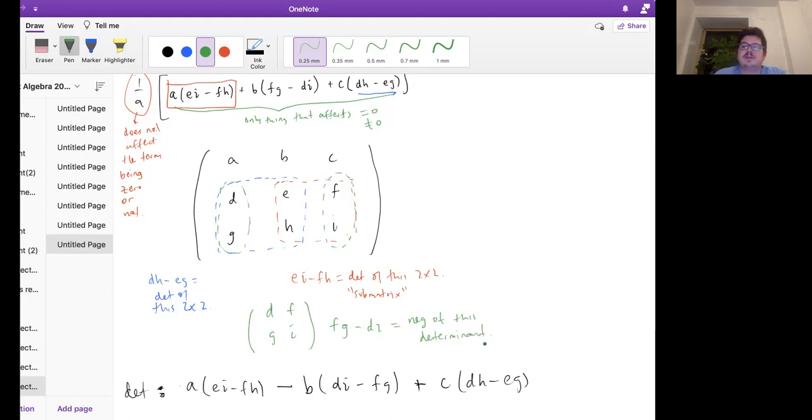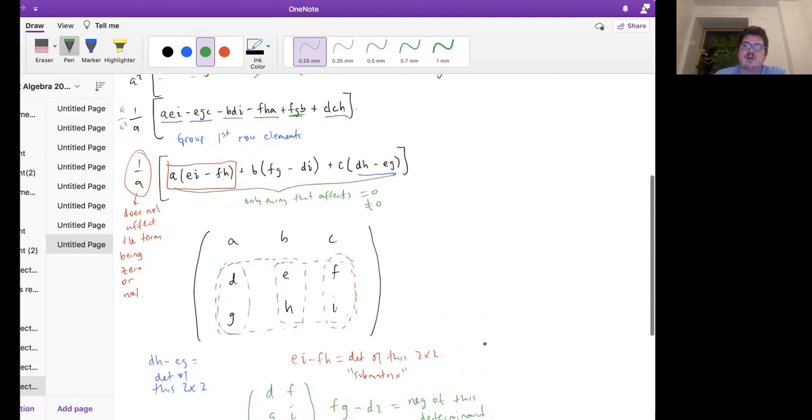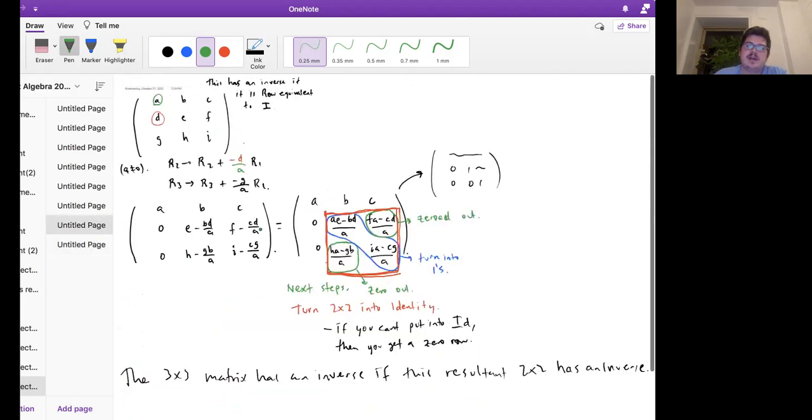Okay, so everyone see that and agree with that? You don't need to do all this proof, but do you agree with that? So this all came from knowing that inverses exist if they are row equivalent to identity. So all we just did was construct a way to say that a formula that we already have as the determinant, that this 3 by 3 has an inverse dependent on this determinant of this kind of result in smaller matrix.